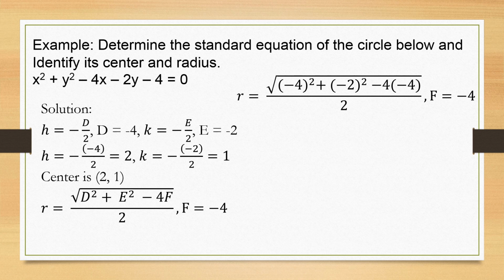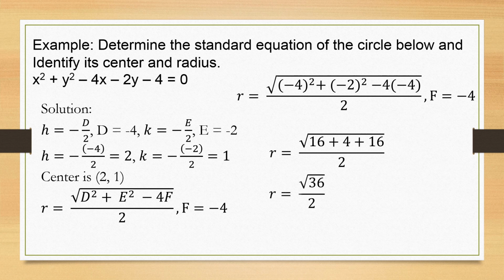When we simplify that, negative 4 to the power of 2 is 16, plus negative 2 squared is 4, then negative 4 times negative 4 is positive 16. If we add them, that is equal to 36. So we have the square root of 36 over 2.